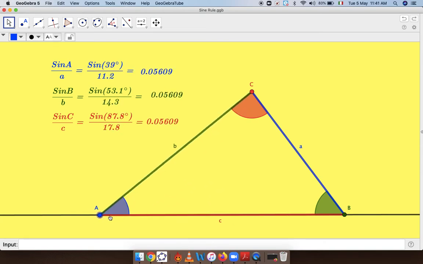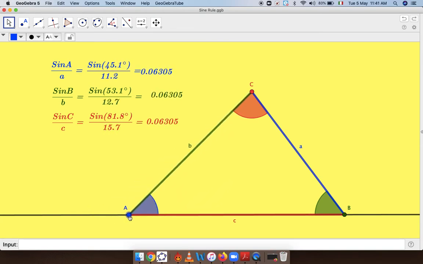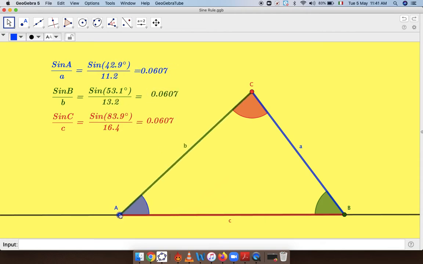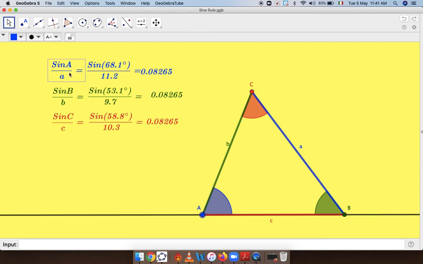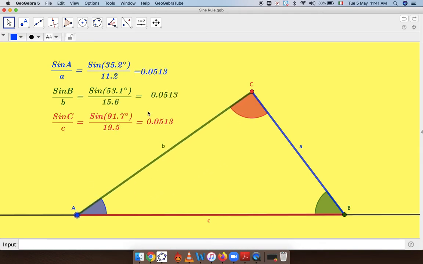However, what's important to note is that the ratios are changing, but they're changing consistently with one another. They're always going to be equal. So when I have this triangle, for example, the ratio of the sine of angle A to side length a is 0.8265. If I change it over here, it's 0.0513.